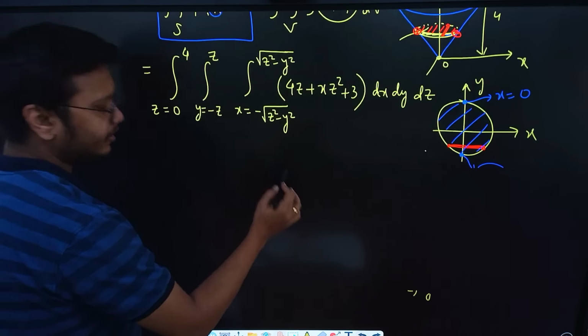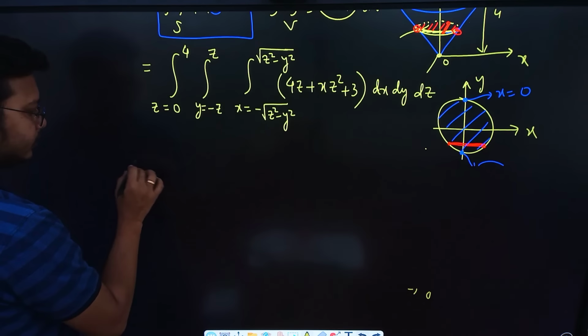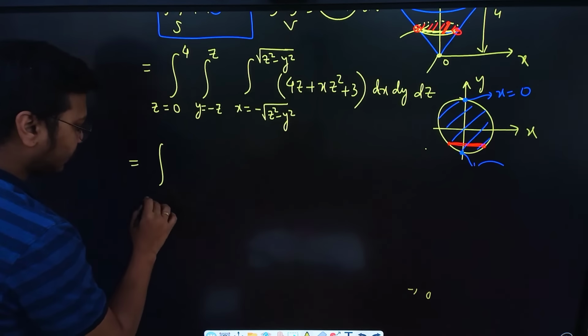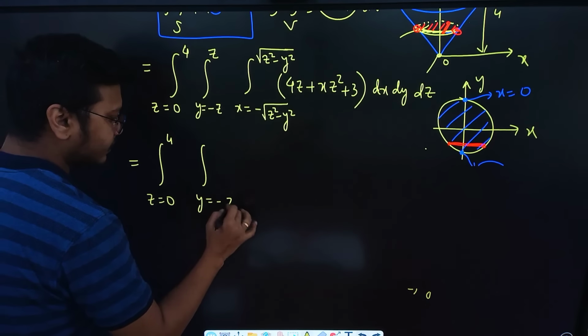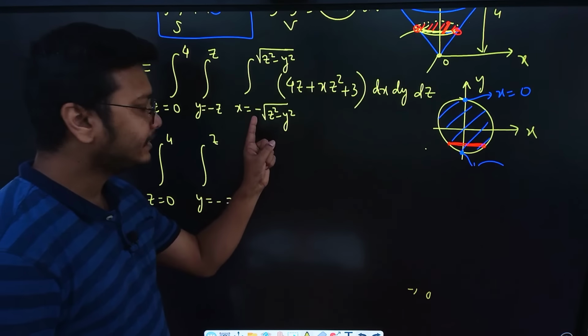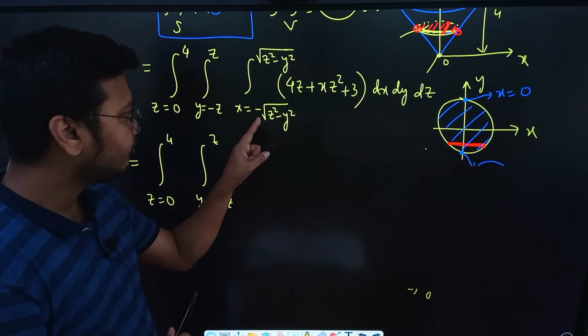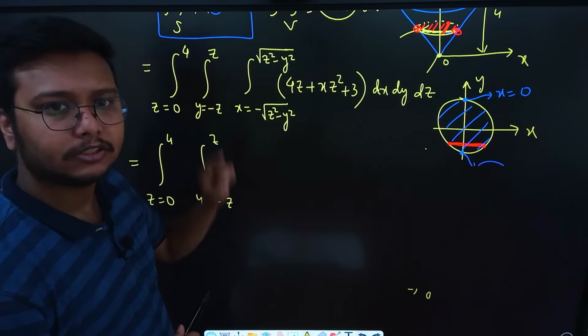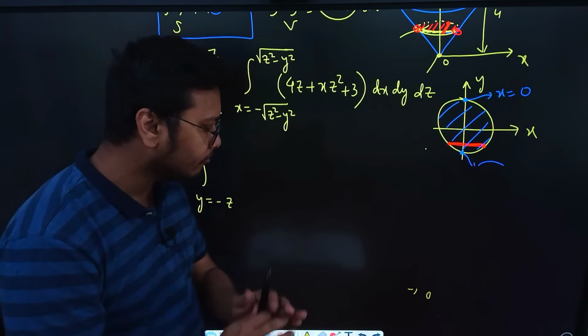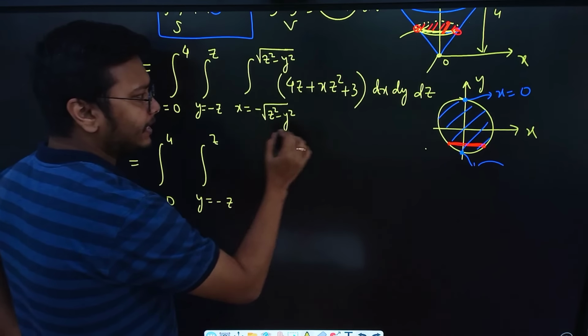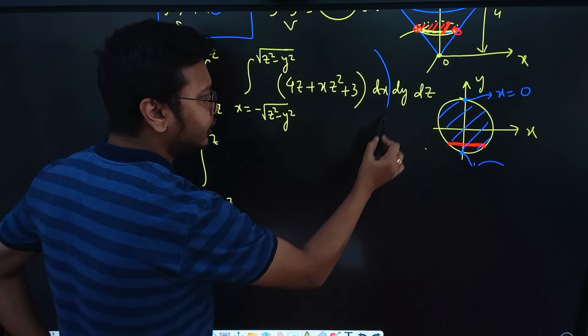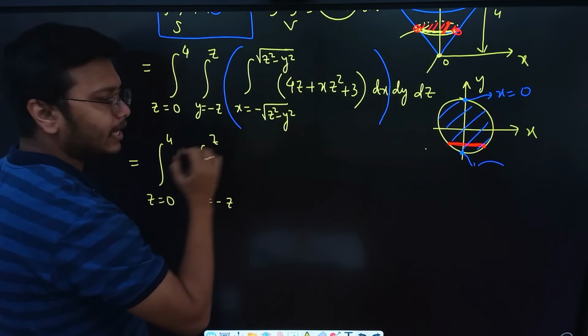So let's continue with this calculation. It's going to be a little bit lengthy calculation, so just bear on. z equals 0 to 4, y equals minus z to z. Now see, this integration, always be careful. If you have minus of something to plus of something integration, think about even functions and odd functions. Here I'm integrating with respect to x. Initially I'm integrating with respect to x.